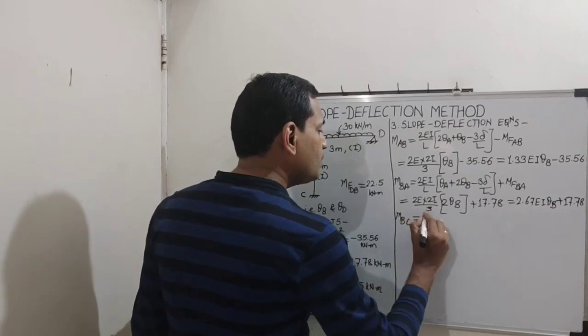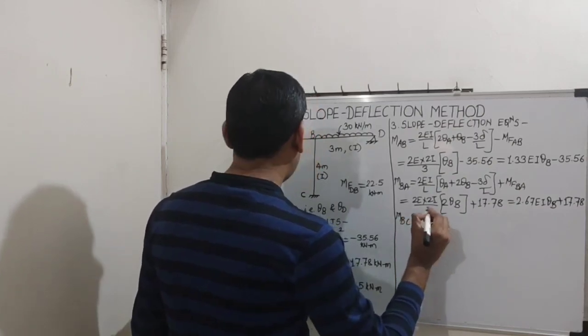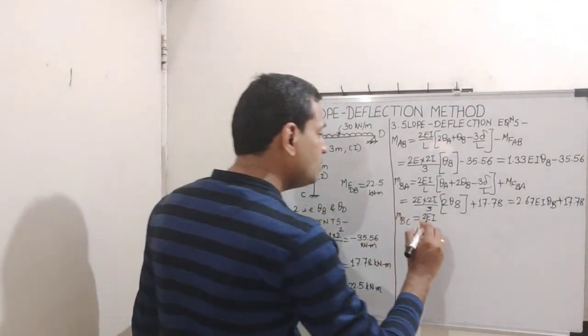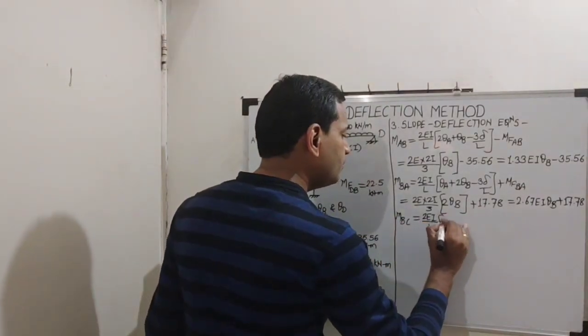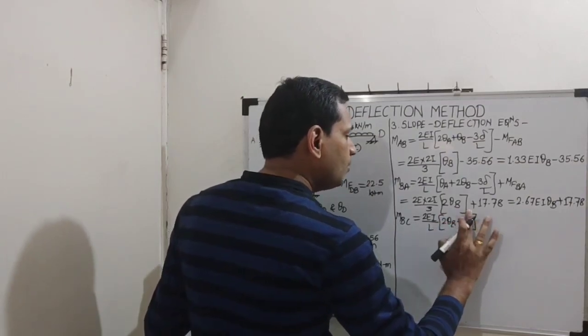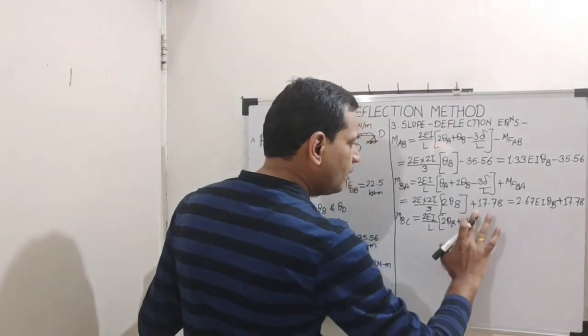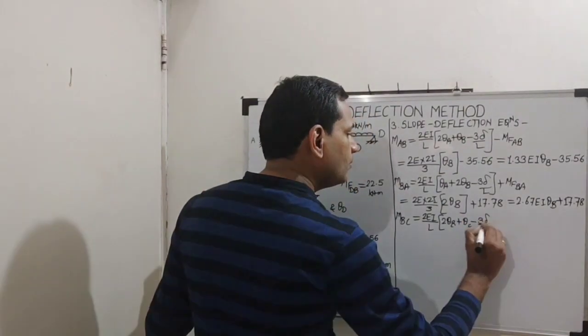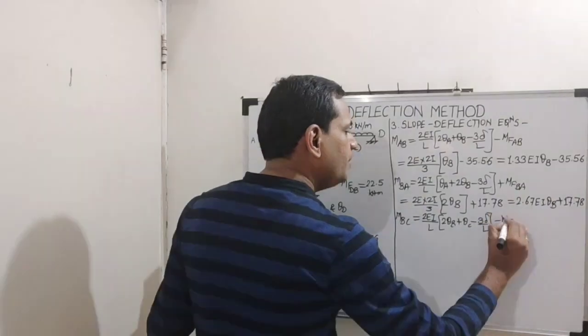Okay, come to third equation, MBC. So MBC equation is 2EI by L. Please remember we are doing it for the column. So MBC is 2EI by L into bracket 2 theta B plus theta C minus 3 delta by L minus MFBC.